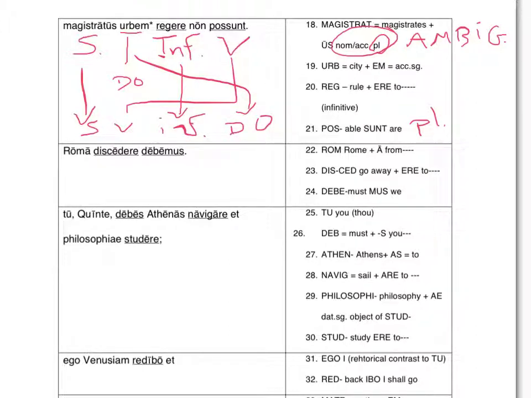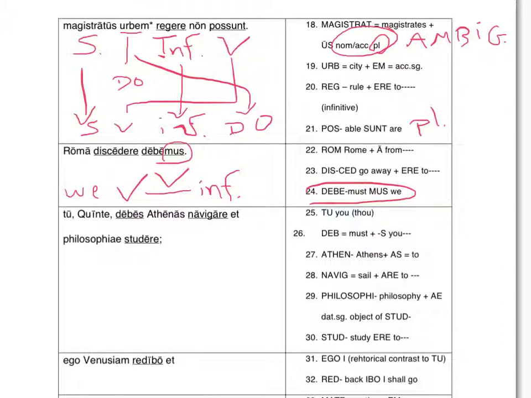Sorry about the shaky handwriting. Next one, mus on the end of the verb debemus means already we, so the subject in English will be we. Debemus, as you see here, the translation will come next. Verbs like debeo take an infinitive to tell you what you must do.